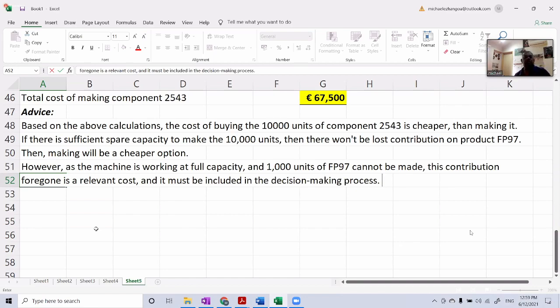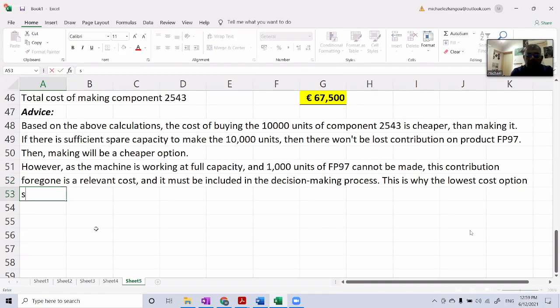All right, must be included in the decision making process. This is why the lowest cost option should be to buy the components. That's the lowest cost option.